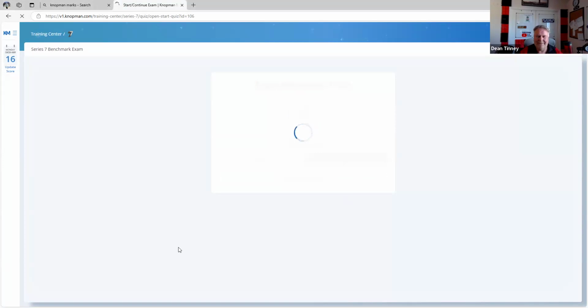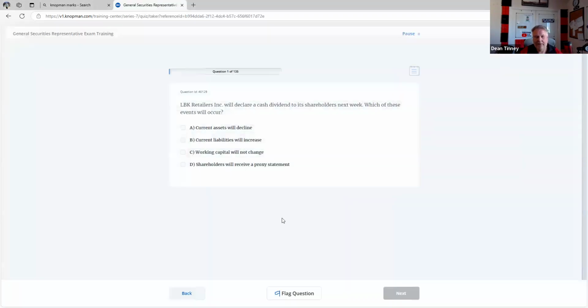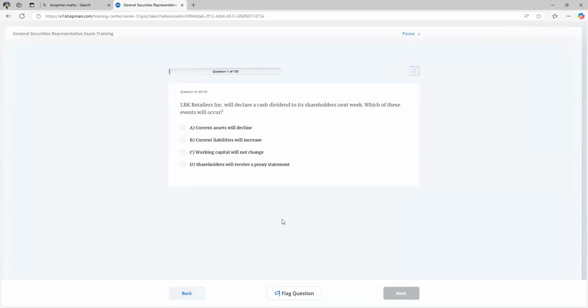Question number one. LBK Retailers, Inc. will declare a cash dividend to its shareholders next week. Which of these events will occur? Okay, so when you're declaring a cash dividend, I feel like the current assets decline, but I don't remember if you declare it or if you pay it that declines.